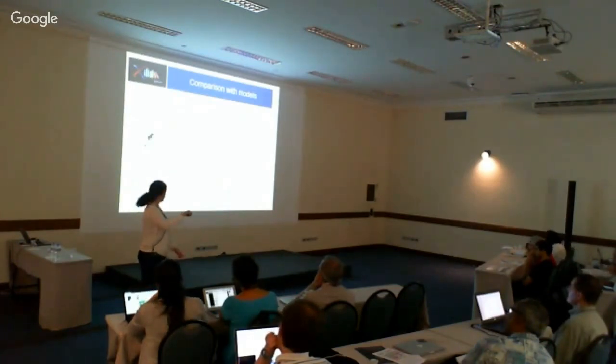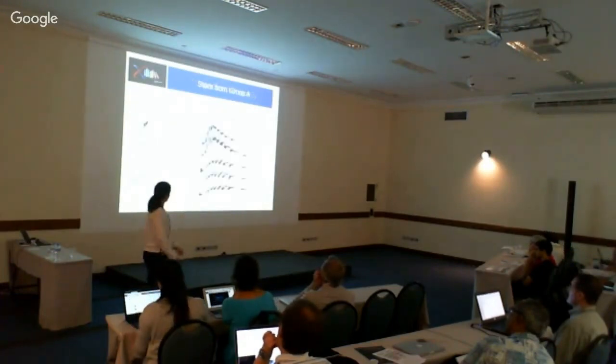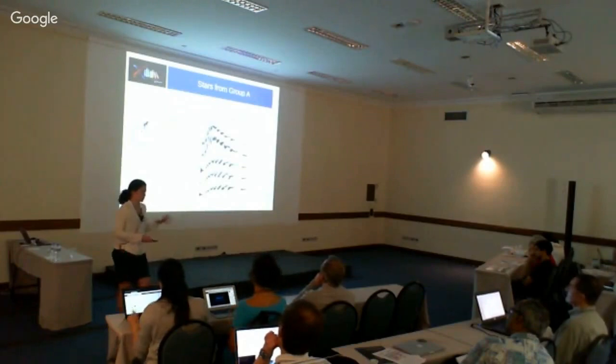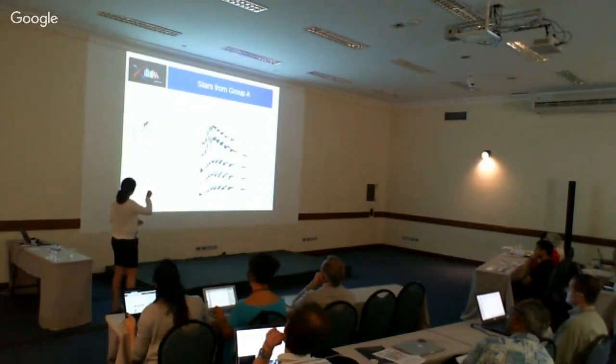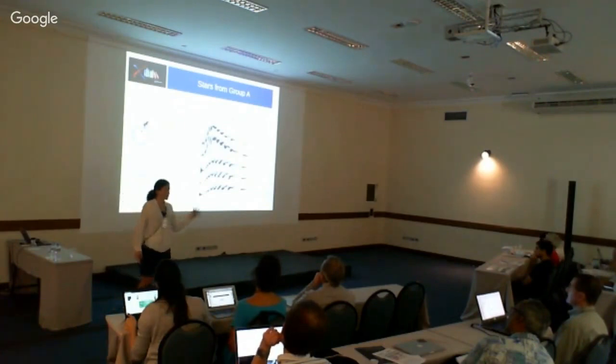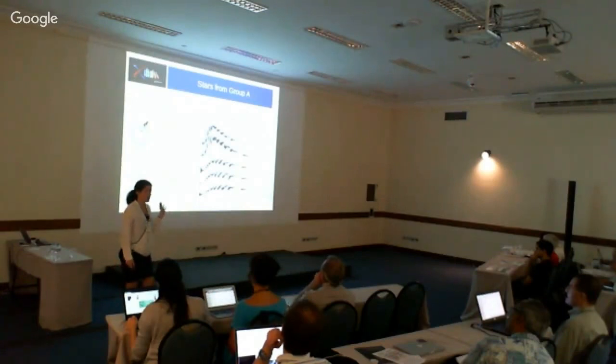So let's move now to the first group. The stars from group A are stars with a G minus K of minus 1.2. You can see that two of the stars are in gray because they lie outside of the range of parameters, since the highest temperature in our model is 4,000.